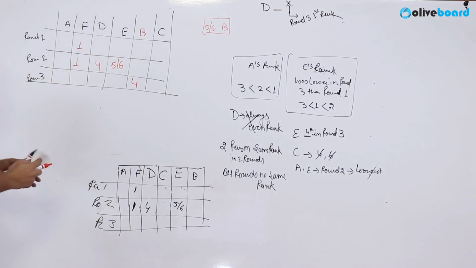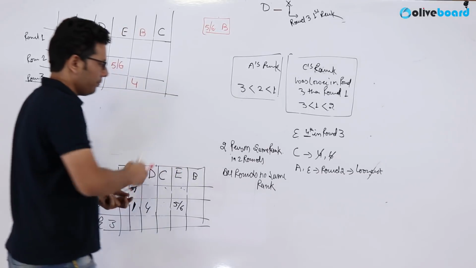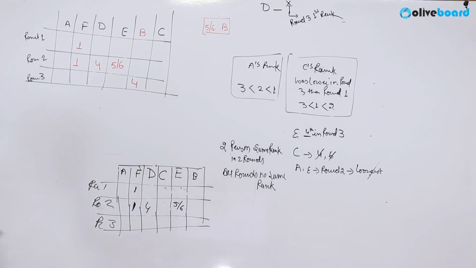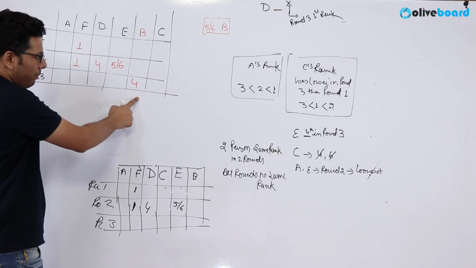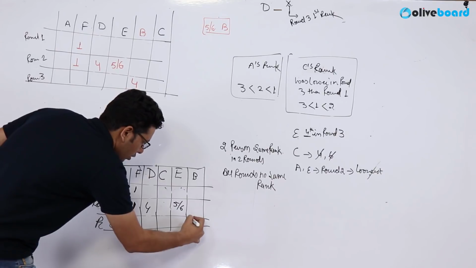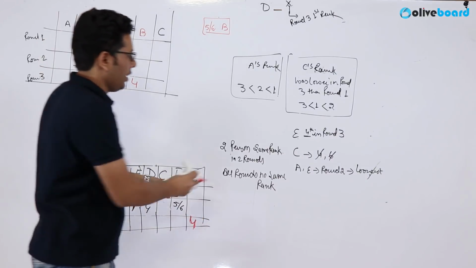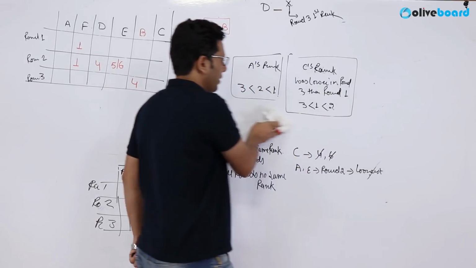Okay. And these always got the even rank. We have already done this. E's immediate right got the 4th rank in round 3. This data has been done.